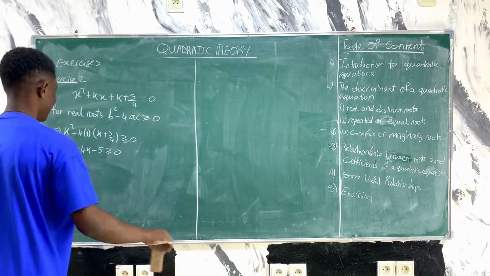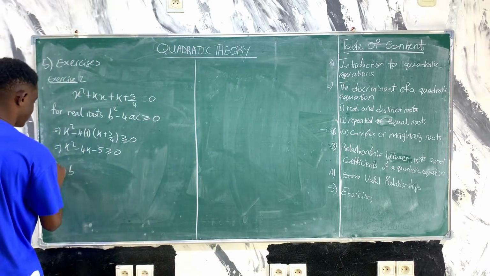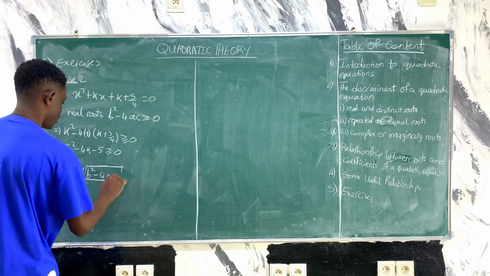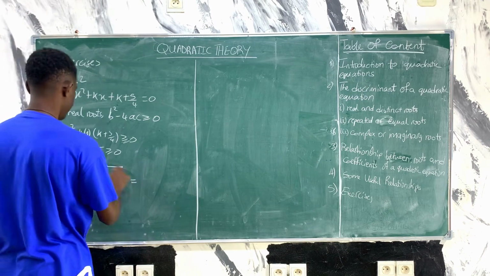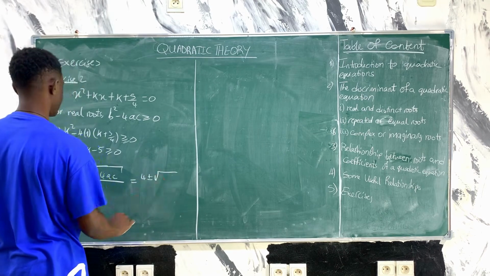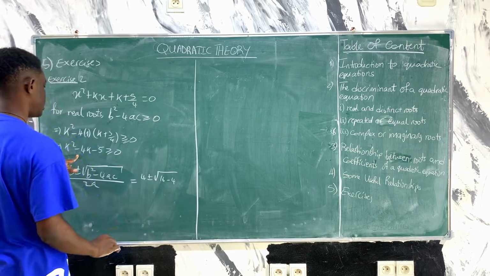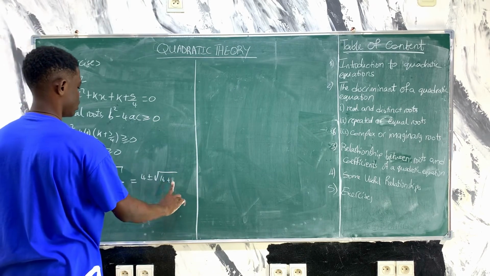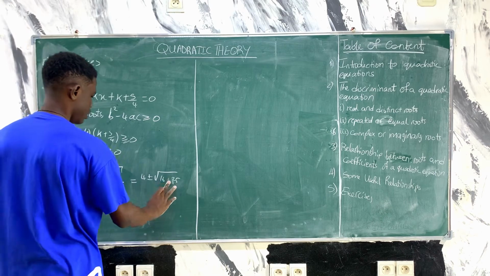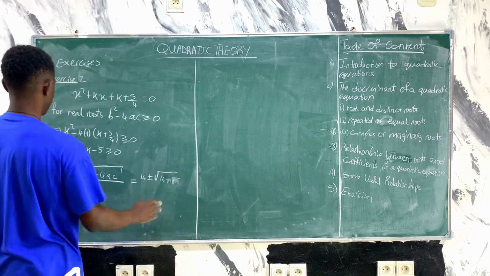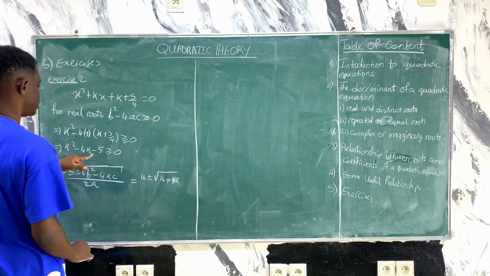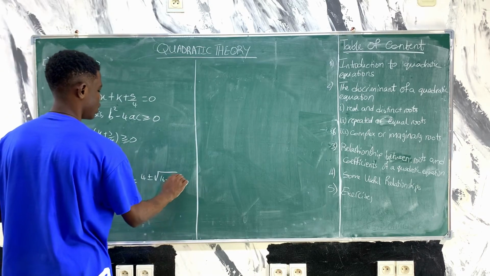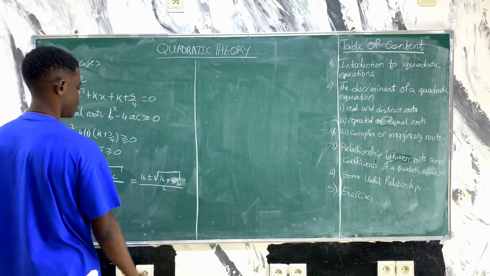Okay, let's do the formula method. We have k equal to minus b plus or minus the square root of b squared minus 4ac, all over 2a.